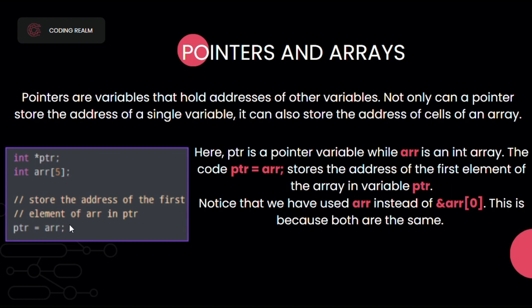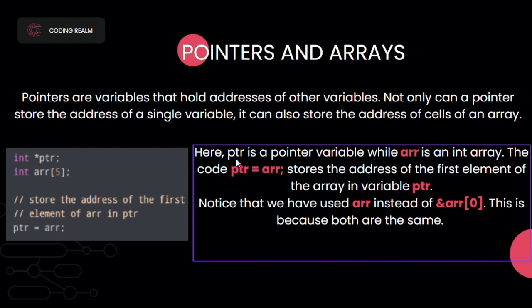We can put ptr equal array, it's the first element. We can put here array or &array[0]. Here ptr is a pointer variable while array is an integer array.